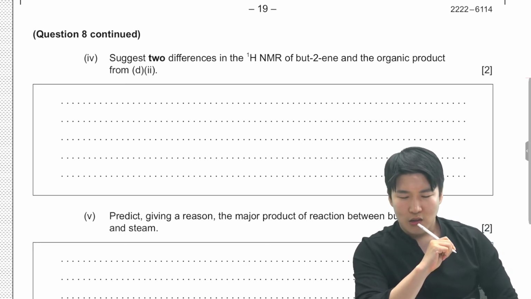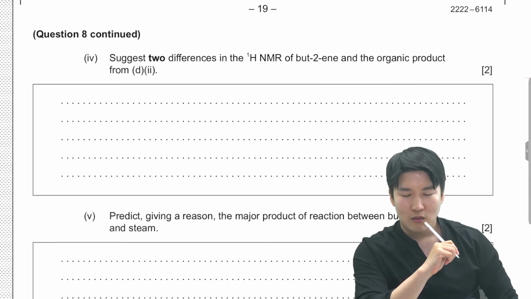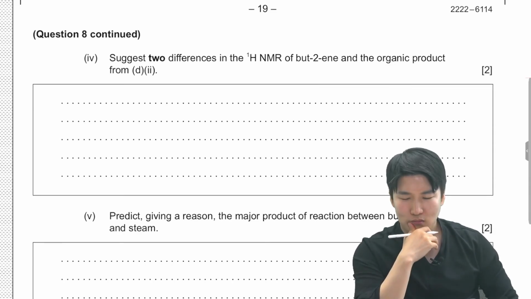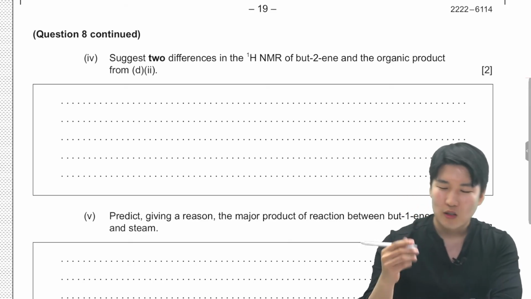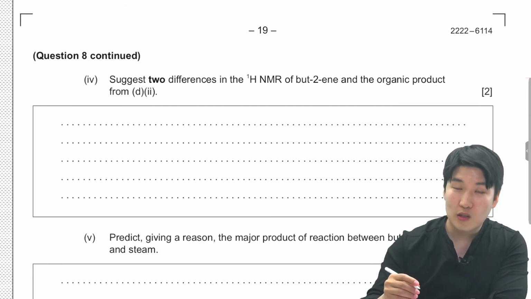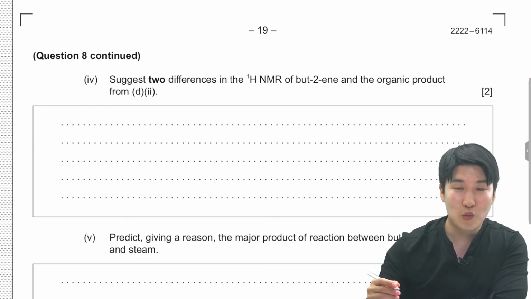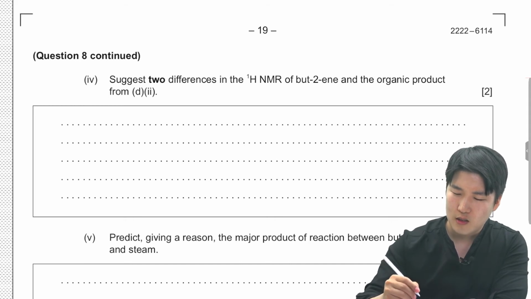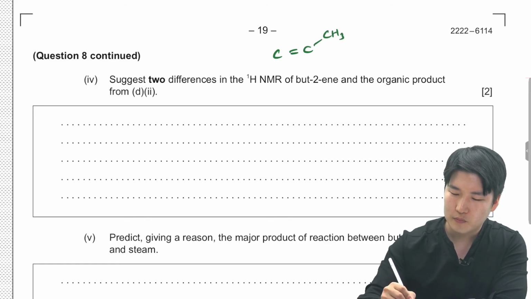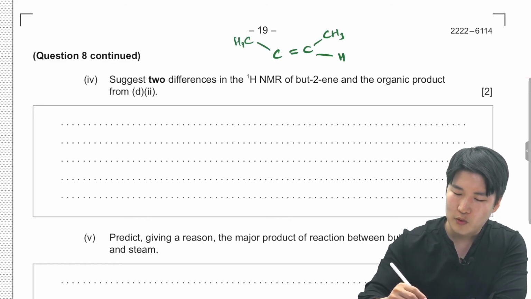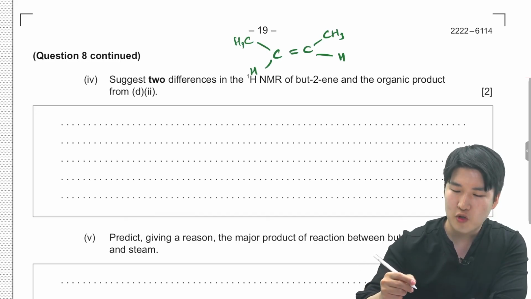We are having to compare the NMR spectrum of but-2-ene and bromobutane without the spectrum given. Okay, this is quite difficult. So let's draw out the hydrogen environments of but-2-ene and 2-bromobutane. Let's go with but-2-ene. What are the hydrogen environments here?